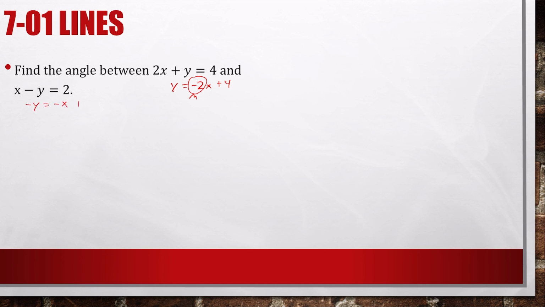Here if I subtract x and then divide by the negative 1, I'll get y equals 1x minus 2, so that slope is 1. Alright, so tangent of the angle between the lines is slope 2 minus slope 1 over 1 plus slope 1 times slope 2.